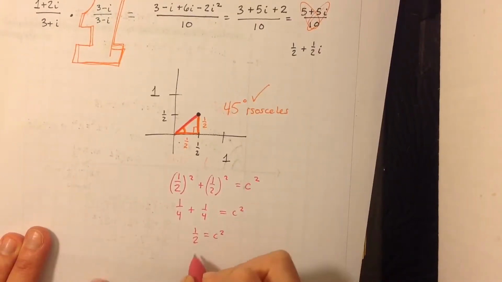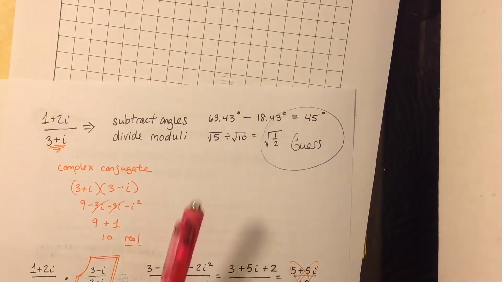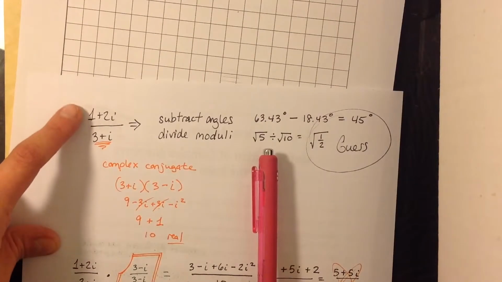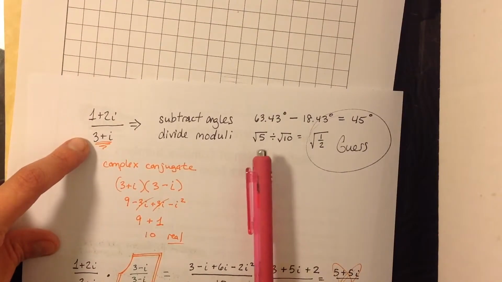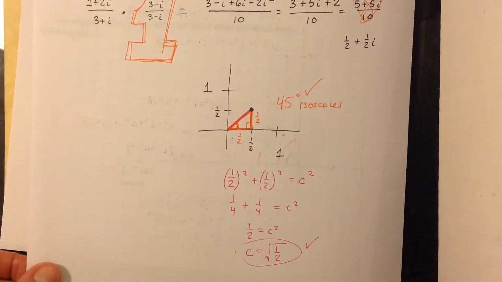So lo and behold, c, my modulus, is the square root of 1/2, which is what we predicted earlier. Dividing the moduli would just be the modulus of 1 plus 2i divided by the modulus of 3 plus i, square root of 5 divided by the square root of 10, which is the square root of 1/2. And that's what we got just there.